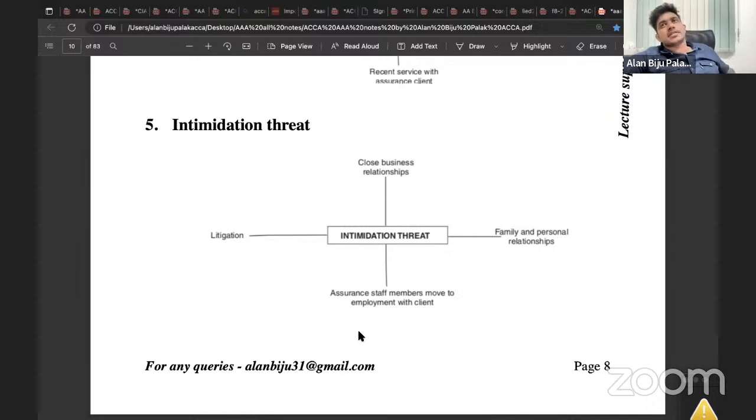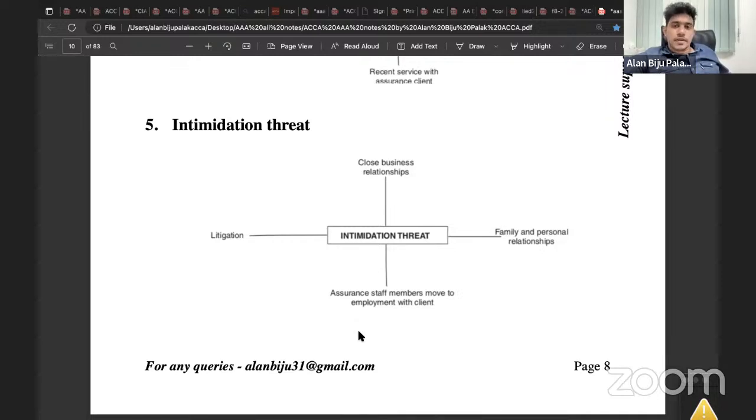Maybe they ask you to provide a favorable opinion, and if you are not willing to, they might file litigation against you, or torture you in some other manner, or tell you they will not pay the audit fee on time, or not provide you with other non-assurance services, or replace you in the upcoming year's audit. If they intimidate you in any manner, it would result in coercion.